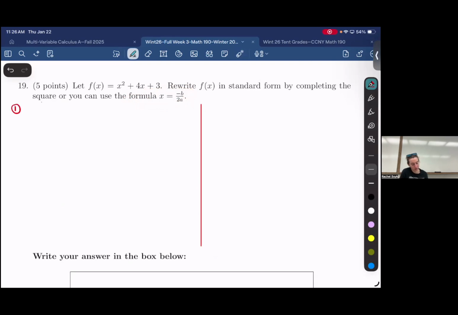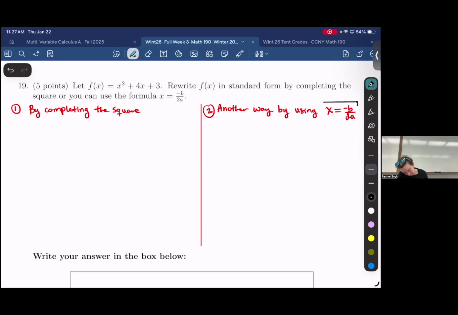So this way is by completing the square. Another way by using your axis of symmetry. Okay.